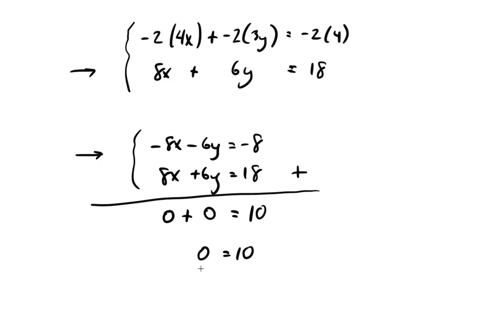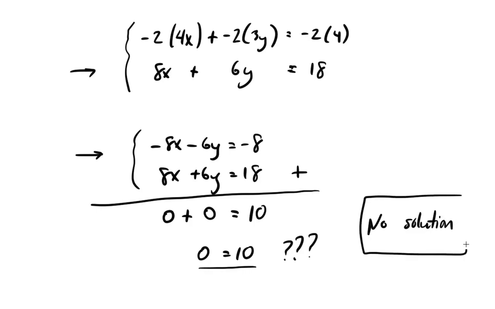Now, is that ever going to be true? Right? This doesn't make any sense. So if you get an equation like this, where you get 0 when you add up your x's and your y's, but you don't have 0 on the right, that means that there's no solution, right? This doesn't make any sense. So if you get to the point where you've eliminated a variable and what eliminates one variable simultaneously eliminates the other variable, that means you're in the situation where you either have no solution or infinitely many solutions.